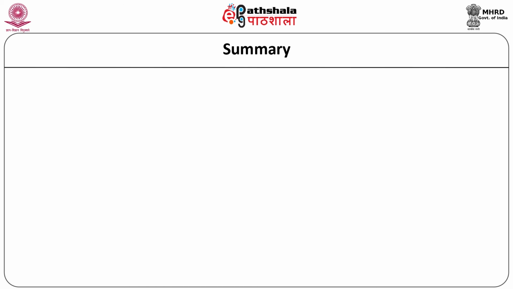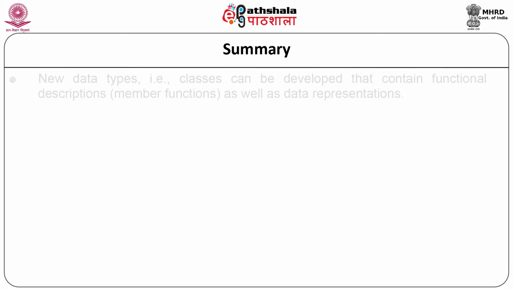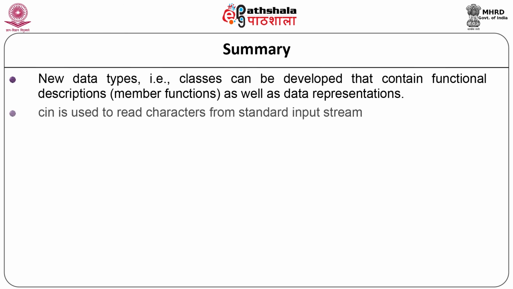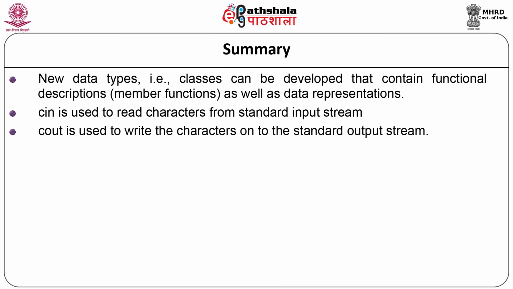Now let us summarize the contents of the chapter. New data types, that is classes, can be developed that contain functional descriptions as well as data representation. Cin is used to read characters from the standard input stream. Cout is used to write characters onto the standard output stream.